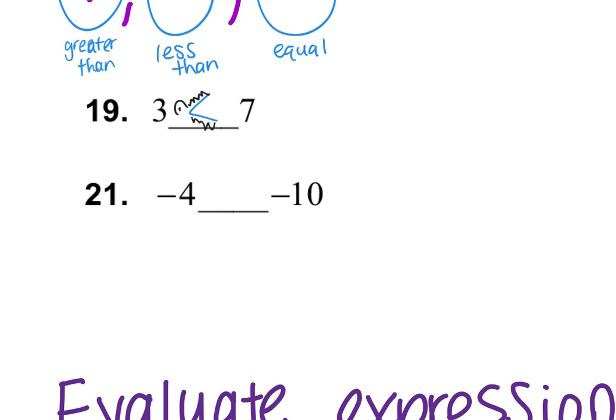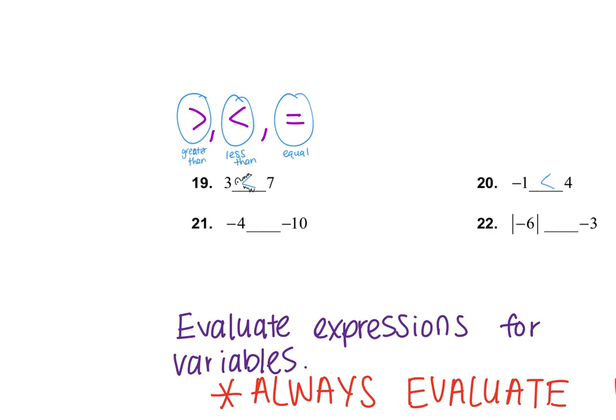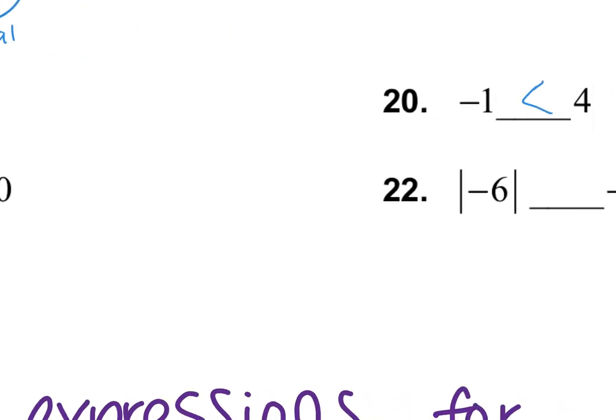Now, although 10 is a larger number than 4 is, when we're talking about numbers being negative, -4 is actually further to the right on the number line. If we go back to the number line slide, we're gonna say -4 is greater than -10. Because -4 lies to the right on the number line than -10, okay?